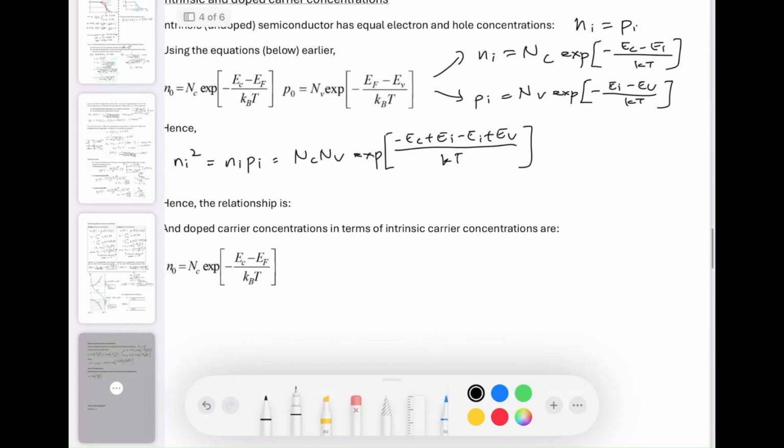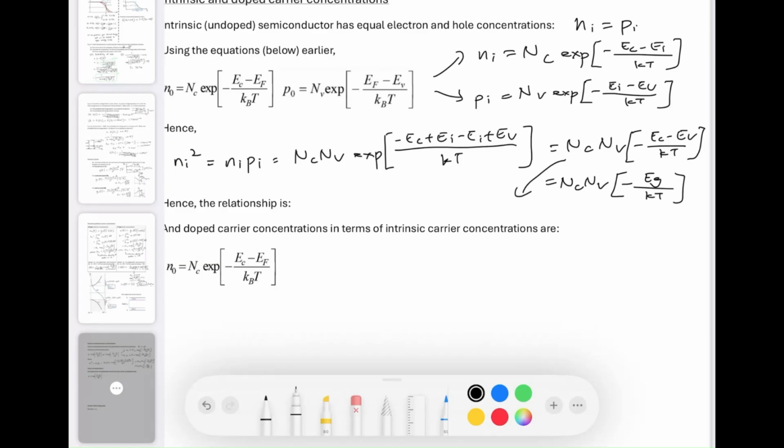And this is equal to Nc Nv exponential of negative Ec minus Ev over kT. And if you notice, this Ec minus Ev is also just the band gap energy.